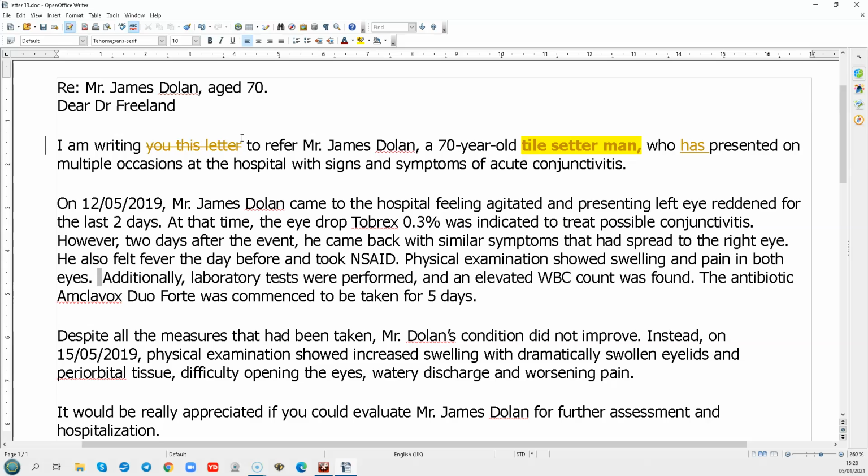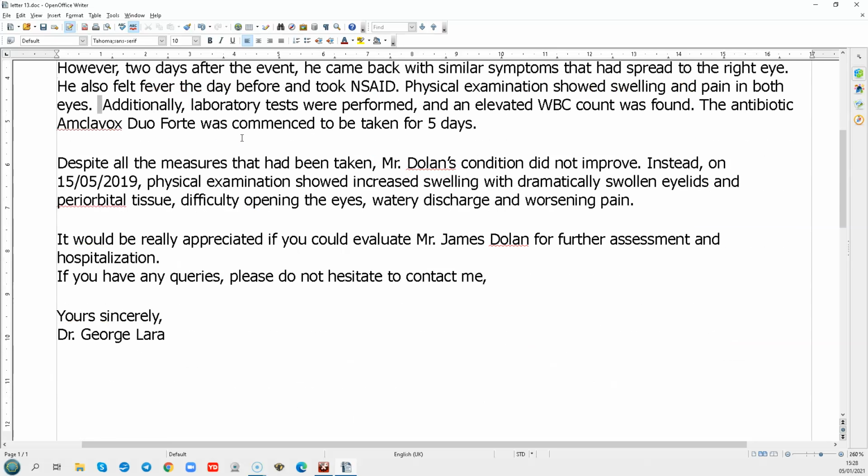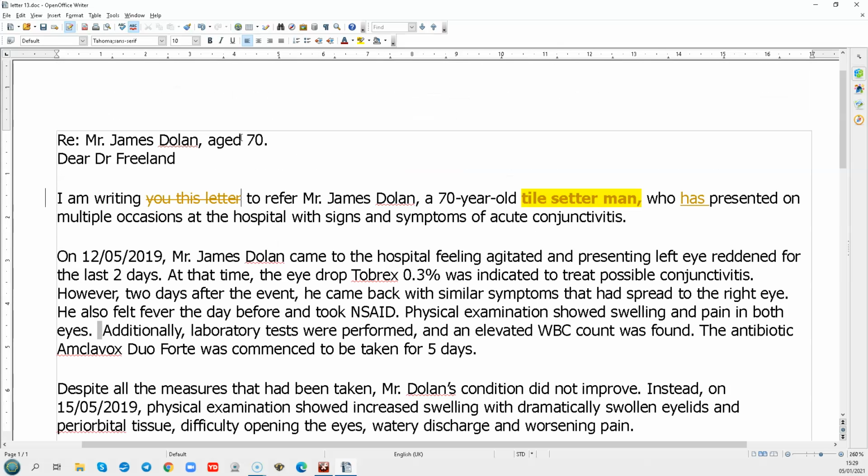Or, I'm writing to request your assessment of Mr. James Dolan, aged 70, who has signs and symptoms of acute conjunctivitis. And we don't really need this. So it's usually the presenting complaint, the main issue, the purpose, right? That should be in your introduction. What do you want the reader to do?